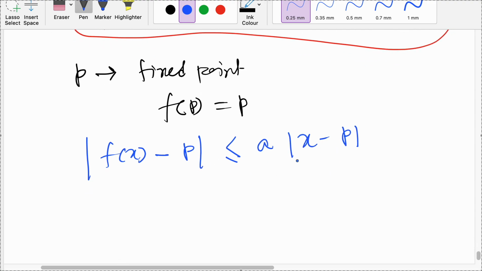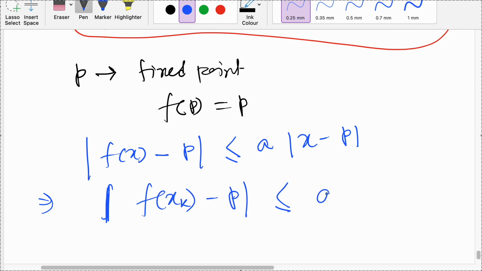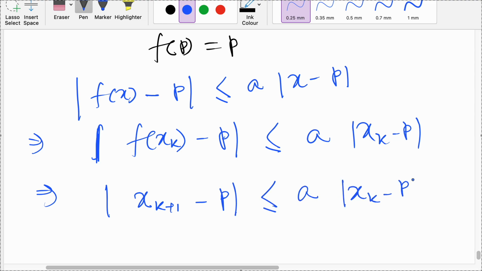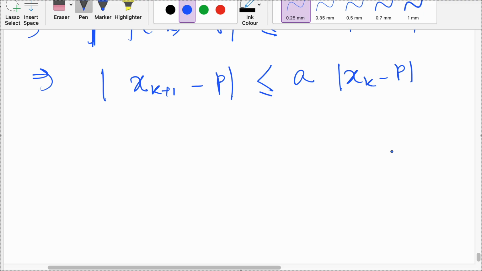Now suppose xk is the kth iterate. Then |f(xk) - p| is less than or equal to a|xk - p|, that is, |xk+1 - p| is less than or equal to a|xk - p|.